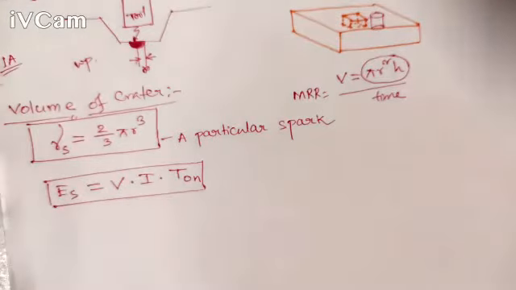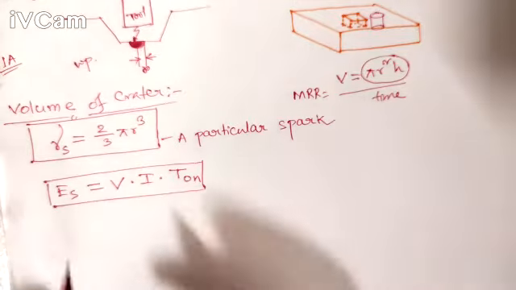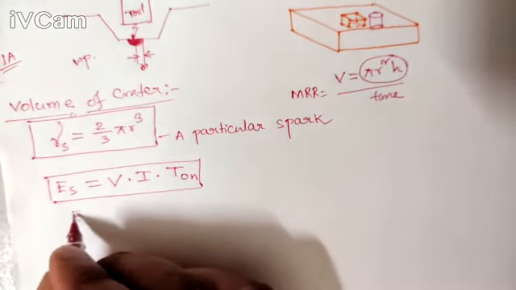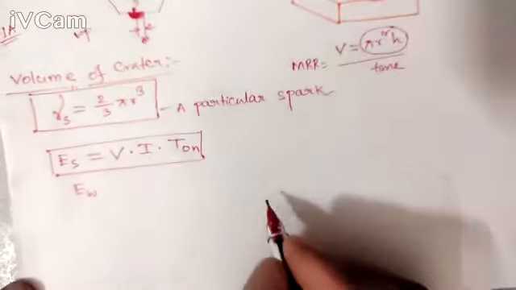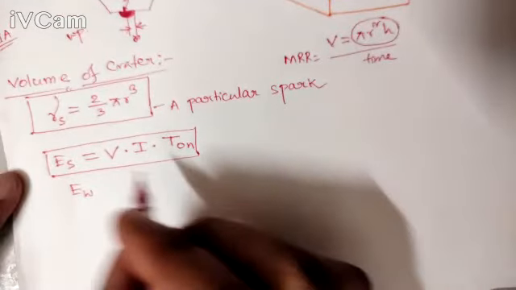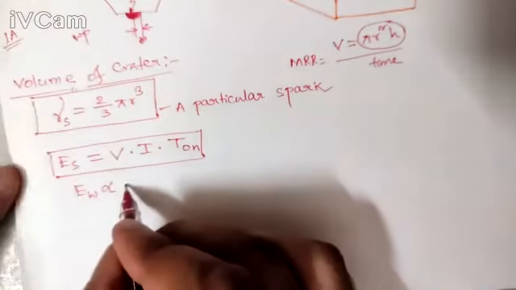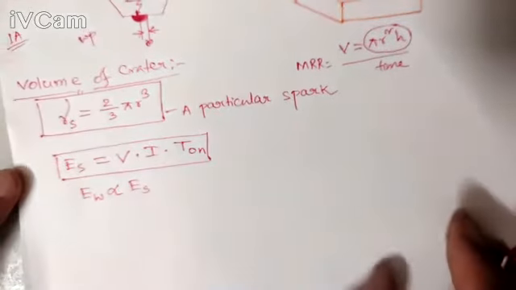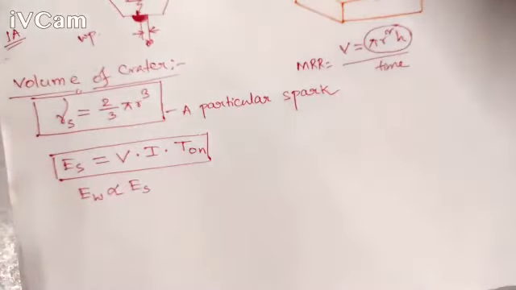Now, the energy which is available at the workpiece is not the total spark energy, because the workpiece is impinged by electrons and the tool is impinged by ions. So definitely there will be some heating of the dielectric medium also. Because of that, the working energy, EW, is directly proportional to the energy which got produced due to the spark.